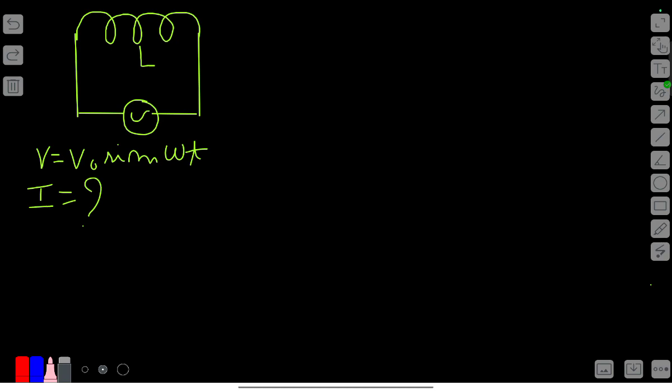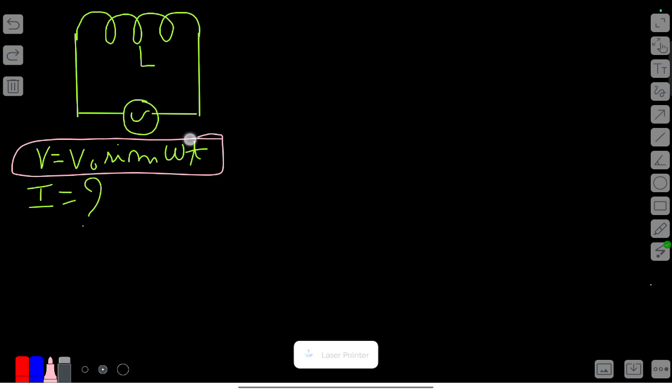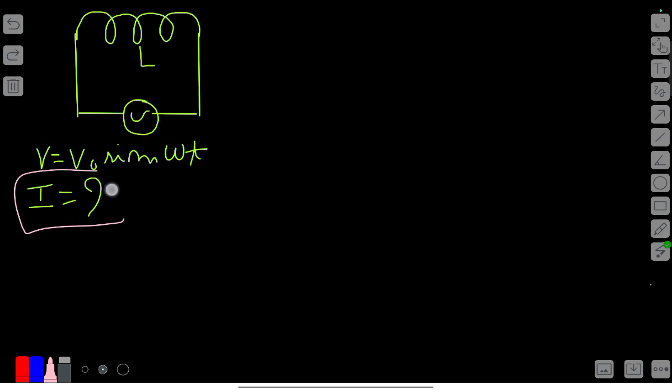This V naught sine omega t is already given. Since this is an inductor, and in the first chapter on induced EMF we might have already learned it, when we used a pure resistor we could use the normal Ohm's law.